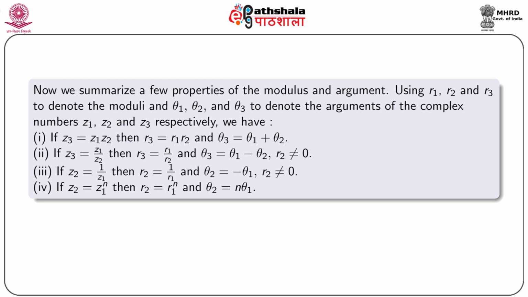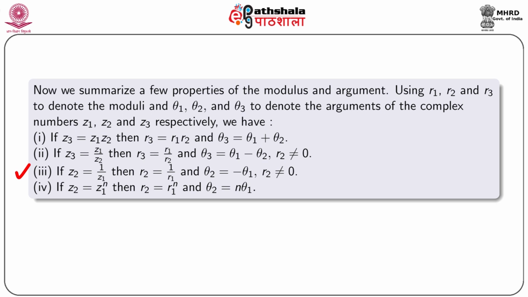Then number 1, if z3 equal to z1 into z2, then R3 equal to R1 into R2 and theta 3 equal to theta 1 plus theta 2. Number 2, if z3 equal to z1 by z2, then R3 will be equal to R1 by R2 and theta 3 will be theta 1 minus theta 2, provided that R2 not equal to 0.